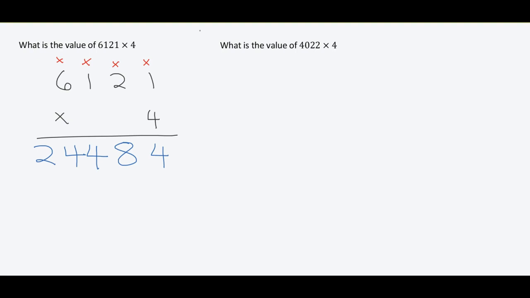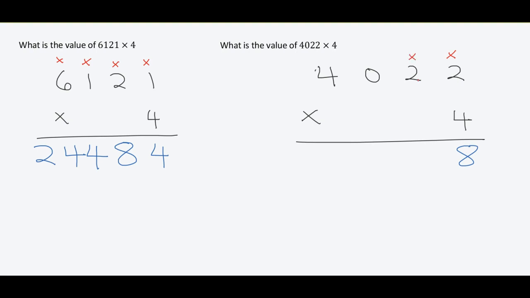Now the final example that requires no carrying, we have 4022 multiplied by 4. We'll start from the right hand side. 2 multiplied by 4, we have 8. We move over to the next column on the left. 2 multiplied by 4, we have 8.